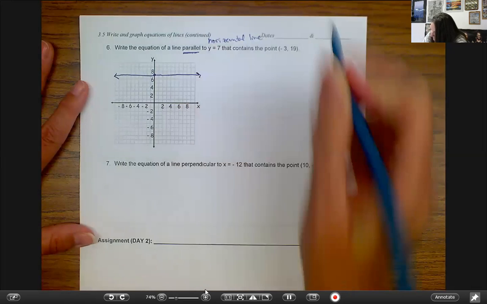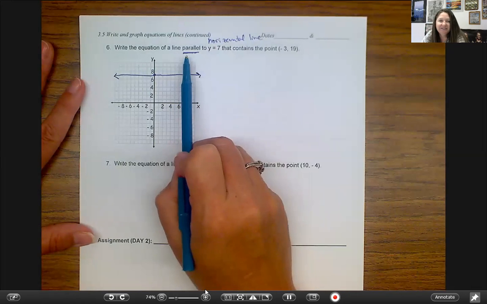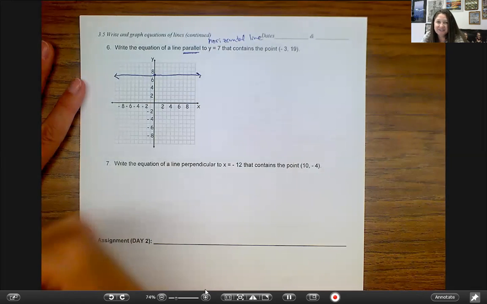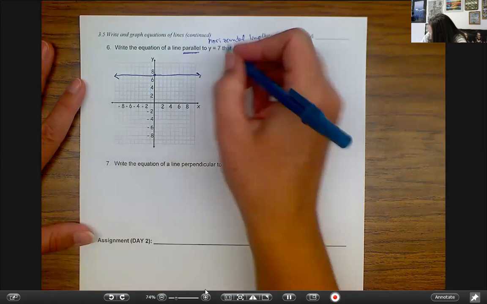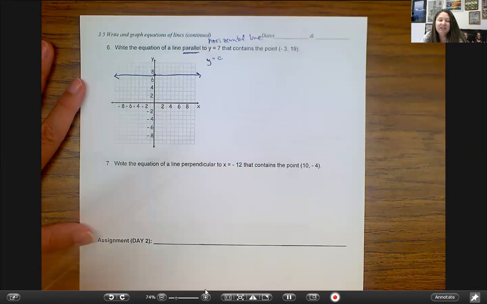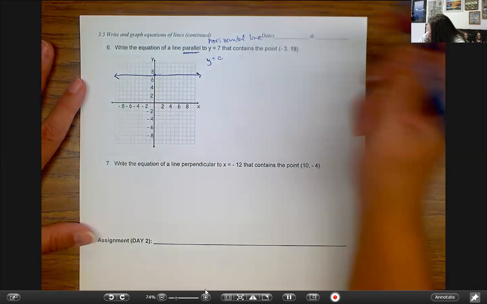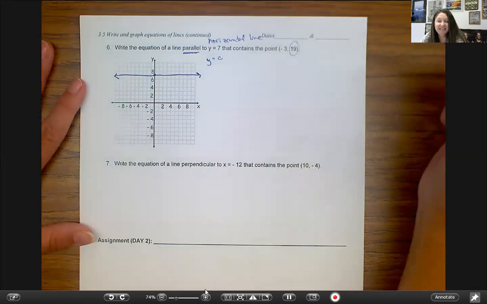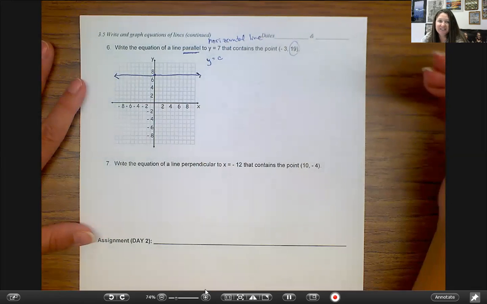So the only thing that's going to run parallel with a horizontal line is another horizontal line. So horizontal lines are always going to be in this form, y equal to a constant value. So all I need to do is look at my point and determine what that y coordinate is, because that has to be my constant value.